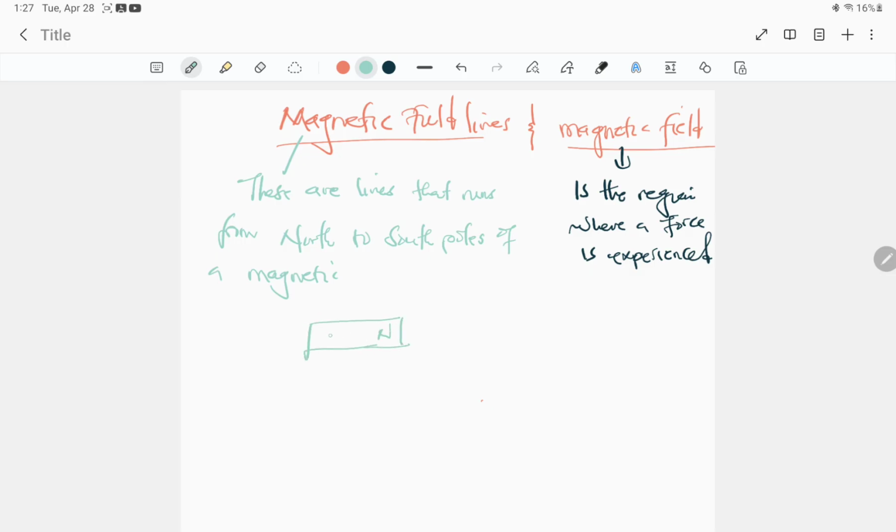So if you have a North Pole, you have a South Pole. Since magnetic field lines are lines moving from north to south, we are going to discover the movement in this way. They will be moving like that, and like that.